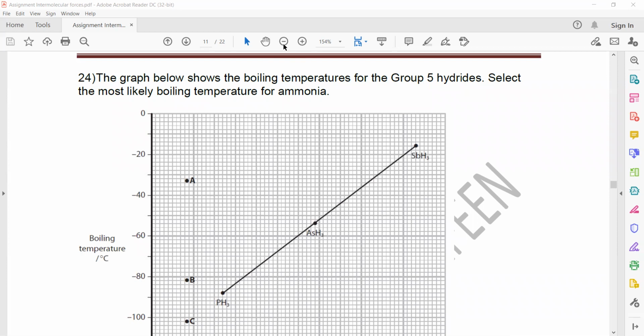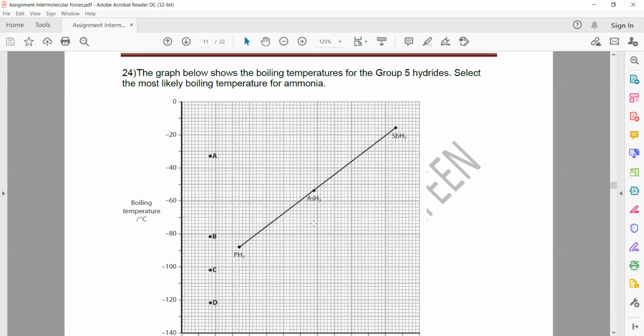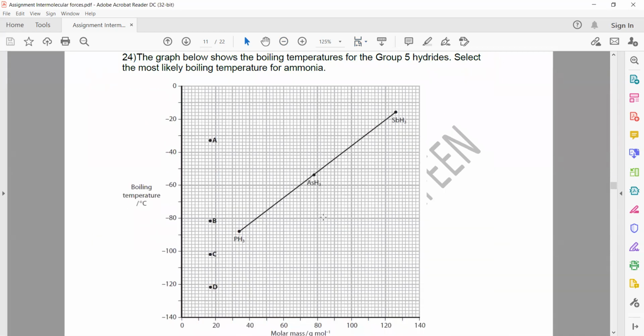In question 24, the graph below shows the boiling temperature of group 5 hydrides. So what will be the likely position for ammonia, NH3? In case of NH3, ammonia is basically a gas.